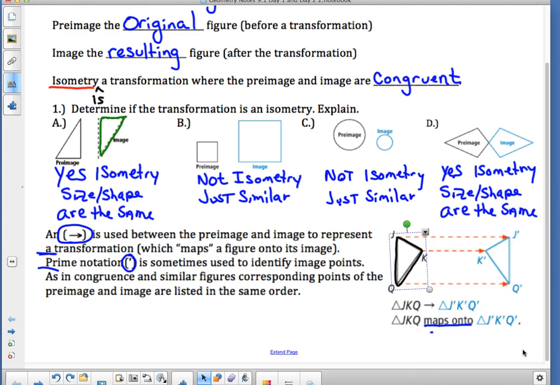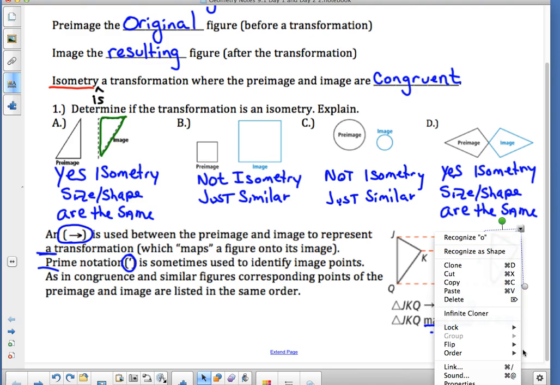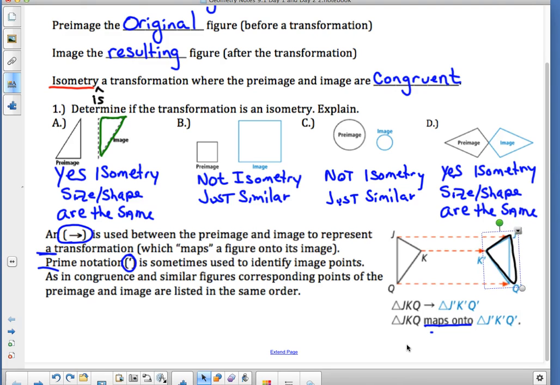So if I take this shape and slide it over, that's a transformation, but I can flip it, and that's also an isometric transformation because you can see that I've done that. And it is that JKQ maps onto J prime, K prime, Q prime, and people are like, well, how do you know which points line up?